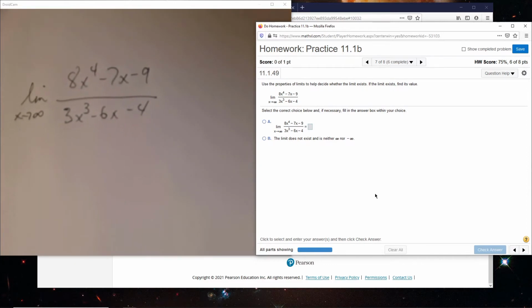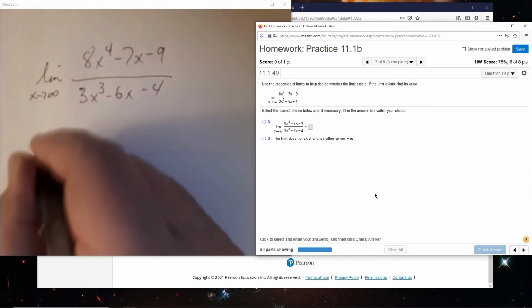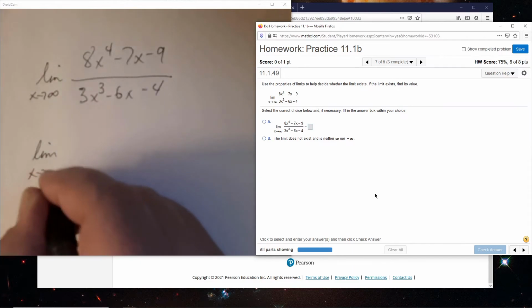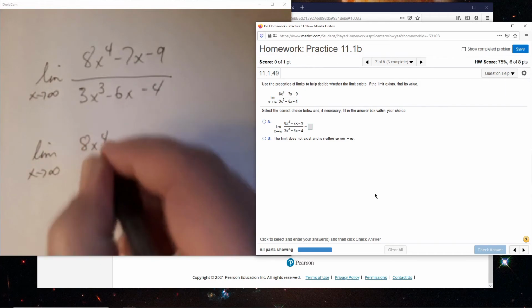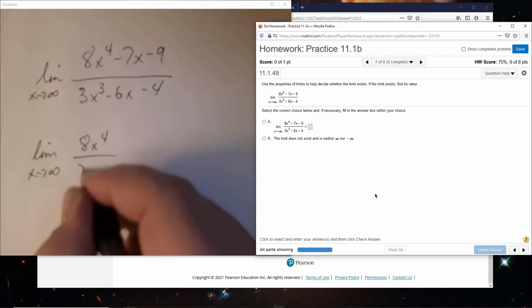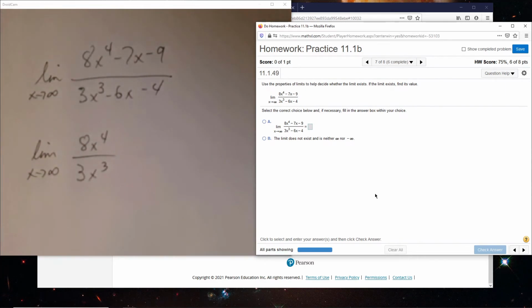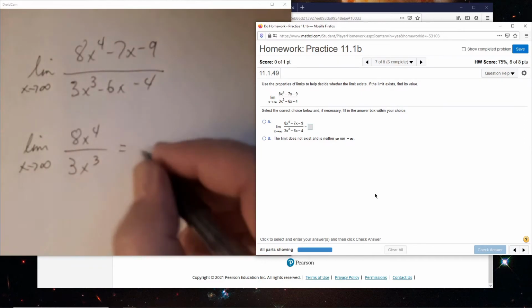So we're just going to look at dominant terms. Get rid of everything else. So in the numerator, that's 8x to the 4th. And in the denominator, 3x cubed. We'll do whatever simplifying we can.